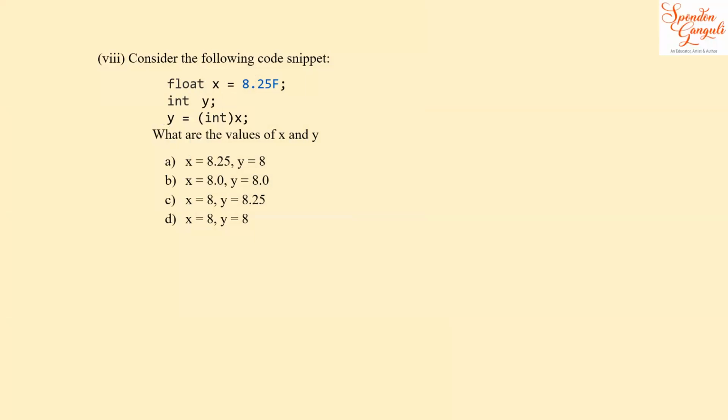Consider the following code snippet. float x = 8.25f; int y = (int) x. What are the values of x and y? x equals 8.25, y equals 8; x equals 8.0, y equals 8.0; x equals 8, y equals 8.25; x equals 8, y equals 8.